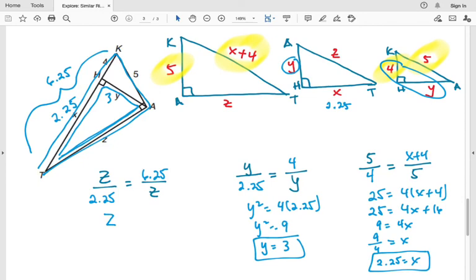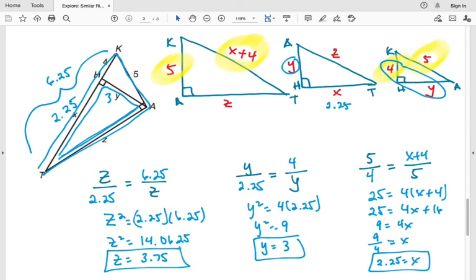So we're going to do z times z, which is z squared equals 2.25 times 6.25. So z squared equals 14.0625. When you multiply that out, take the square root of both sides and you get 3.75. And those are your answers for that one. Okay, thanks y'all.